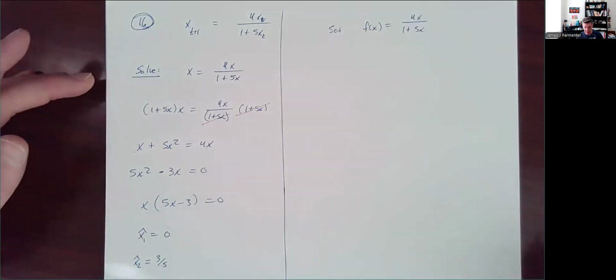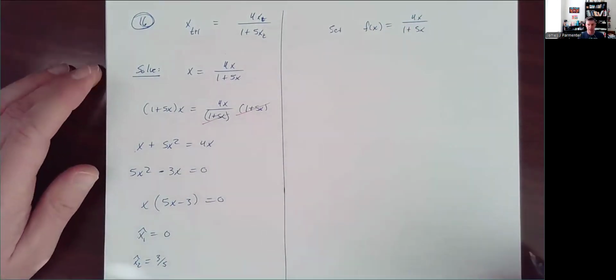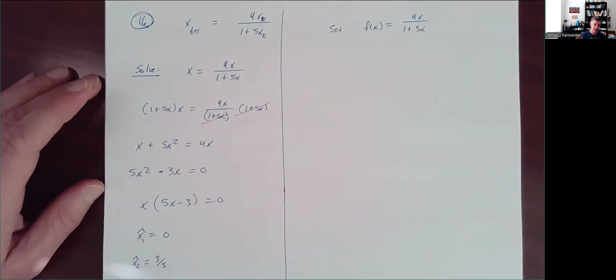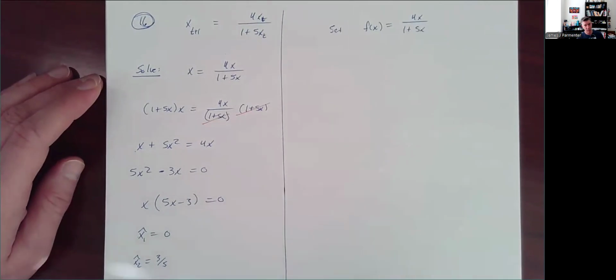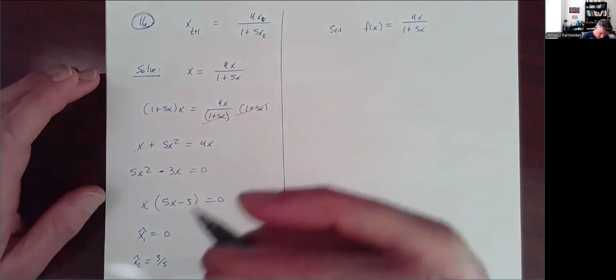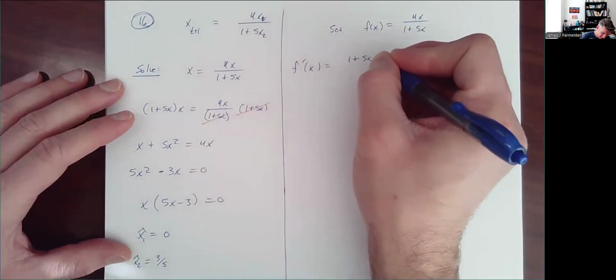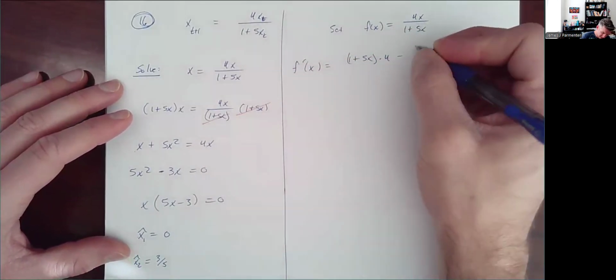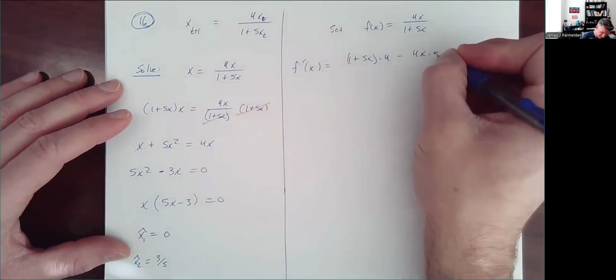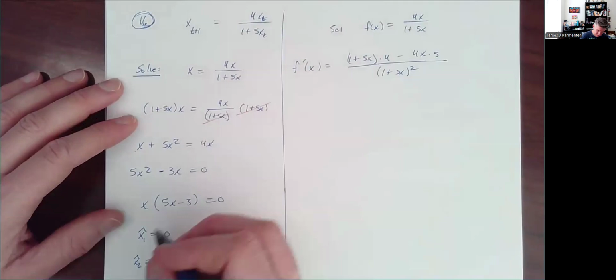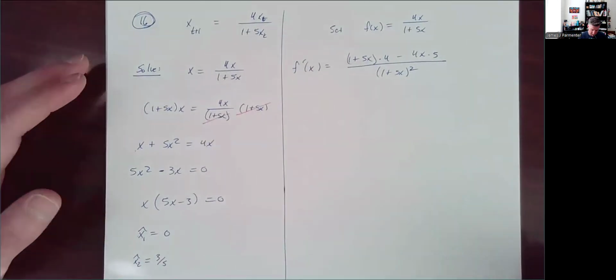We're going to take the derivative, and then plug in each critical point, and if the absolute value of the derivative is less than 1, it's going to be stable, and if the absolute value of the derivative is greater than 1, it's going to be unstable. So the derivative is the bottom times the derivative of the top minus the top times the derivative of the bottom, all over the bottom squared. You don't really need to simplify this if we're going to plug in these points, but simplifying it also isn't that bad.